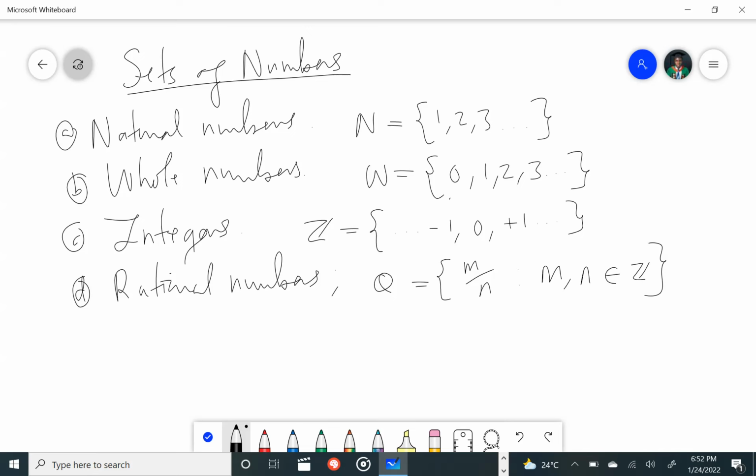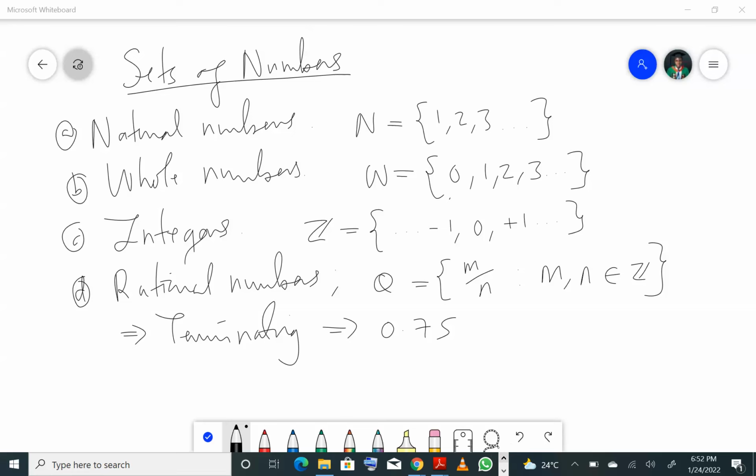Now, one interesting thing about rational numbers is that they have terminating or repeating decimals. What do we mean by terminating? A terminating decimal is something like 0.75. Why do we call it a terminating decimal?